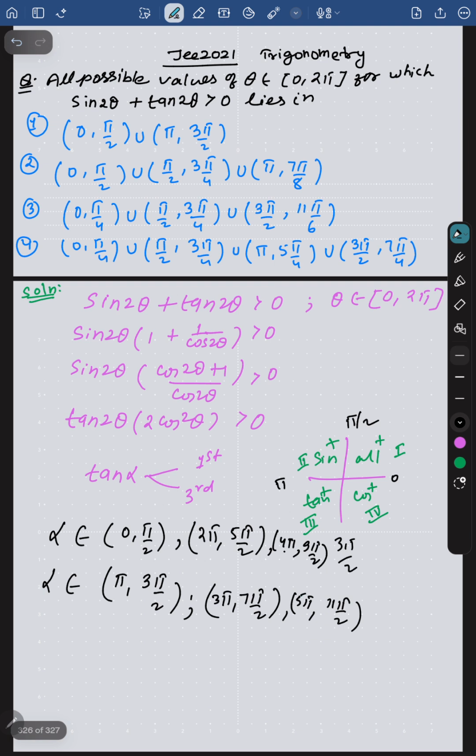Now what is to be done is that we don't want alpha, we want 2 theta, means our alpha is 2 theta.